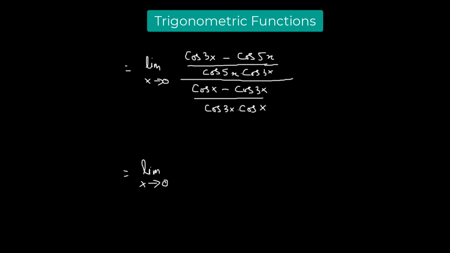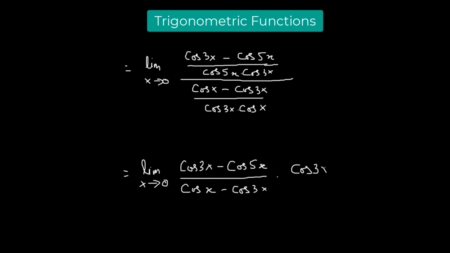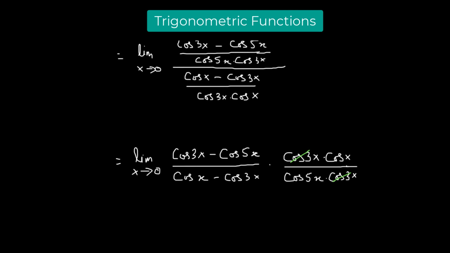So we have cosine of 3x minus cosine of 5x divided by cosine of x minus cosine of 3x, times cosine of 3x times cosine of x divided by cosine of 5x times cosine of 3x. So we can cancel out cosine of 3x from the numerator and the denominator.